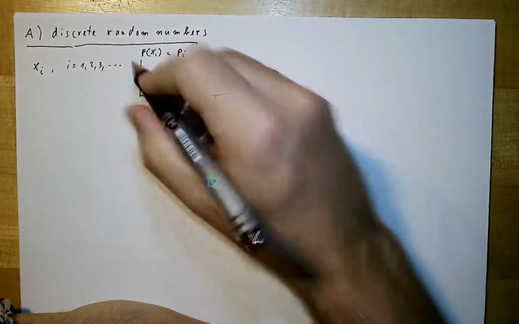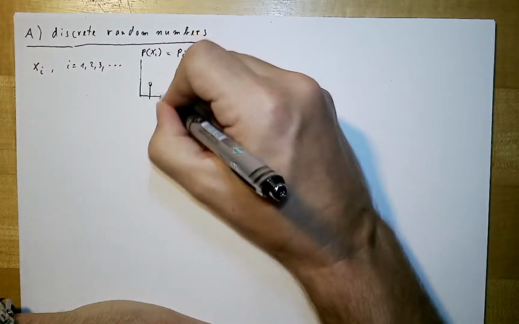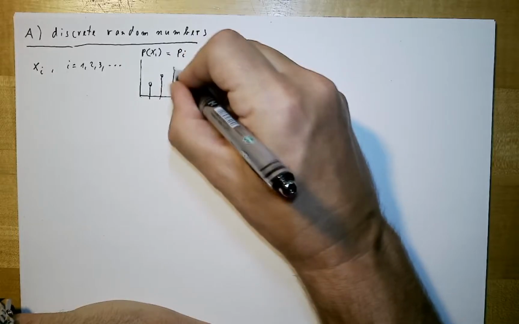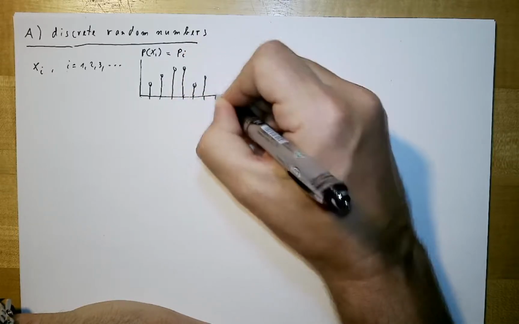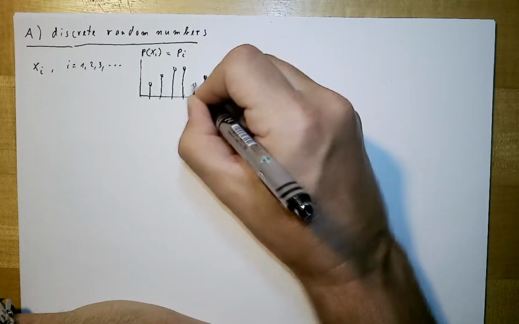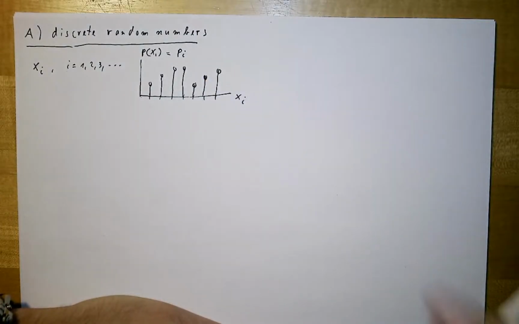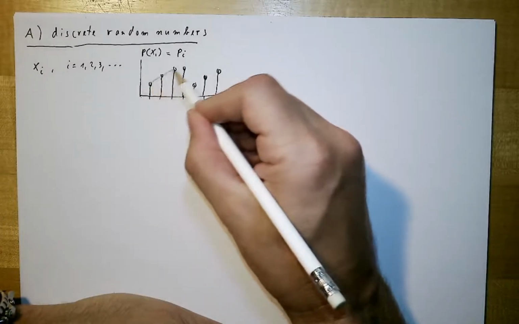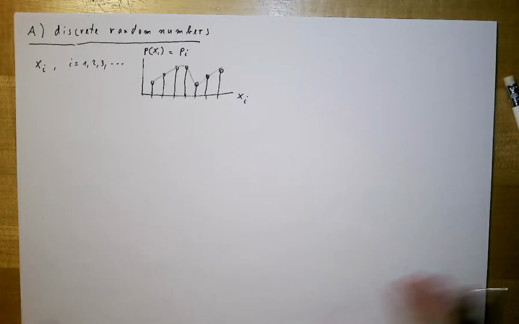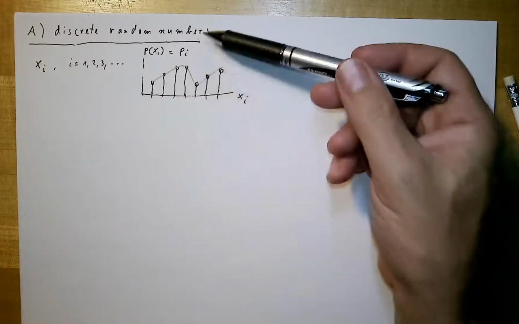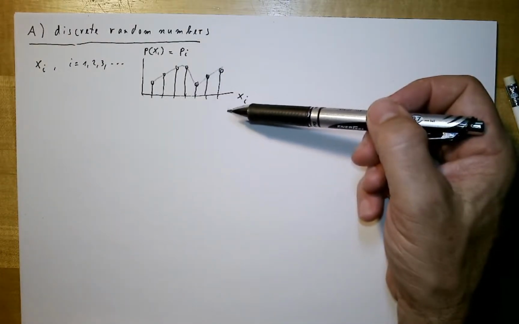And we can visualize the distribution by a graph of these numbers. And sometimes, as I told you, we connect the lines to have a better idea what this graph will be. So that's the first case of random numbers that we can have.